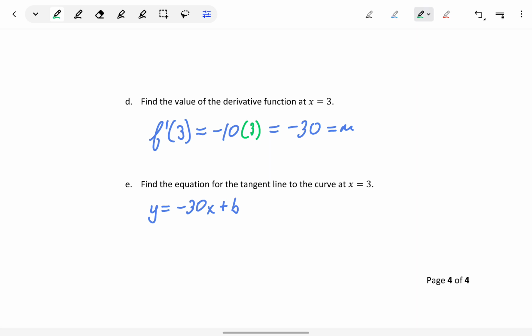One trick here is to keep in mind that when we are looking for our values for x and y to substitute, we need to go back to the original function. We need to know what that passes through.